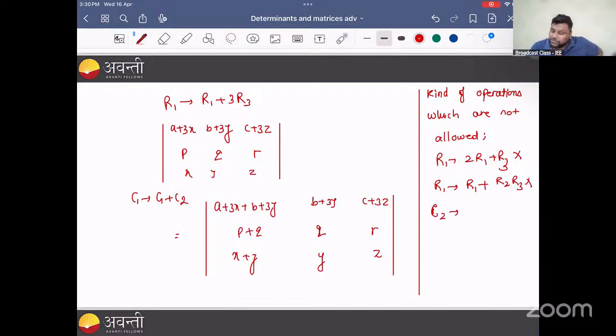Or say you do C2, you write C2 plus C3 square, not allowed. Or you write R2 as R2 plus C2, not allowed. Row-wise operation will go row-wise only. Column-wise operation will go column-wise only. Got it? So these kinds of operations are not allowed. Correct?